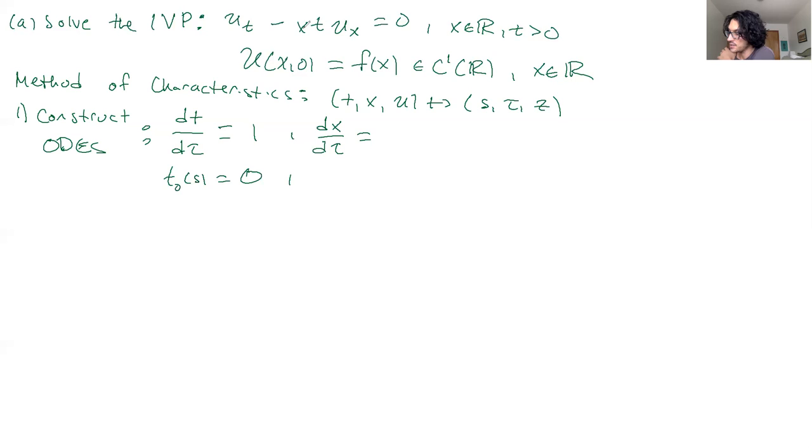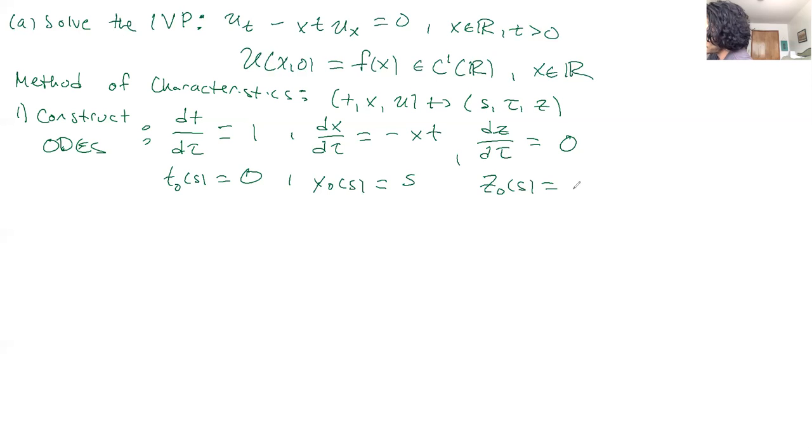And its right-hand side, or the characteristic ODE, is going to be minus xt, and x0 of s is going to be, well, we can just parameterize x as s. And lastly, z is going to be our proxy for u. Its right-hand side for dz d tau is just going to be 0, and z0 of s, well, that's going to be this right-hand side here, so f of s, okay?